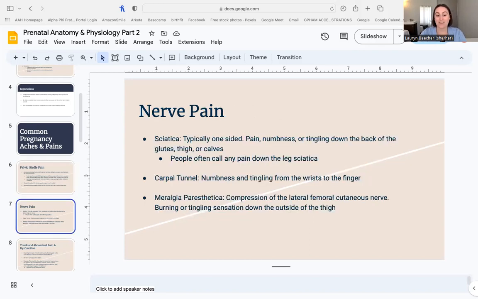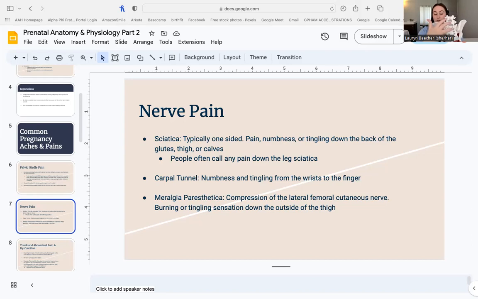Next up, we have nerve pain. So I listed the 3 most common types of nerve pain that we see during pregnancy. The first, which I imagine many of us are familiar with, is sciatica. The sciatic nerve, it comes from the nerve roots, so where the nerves exit the spine, in the low back and the sacrum.